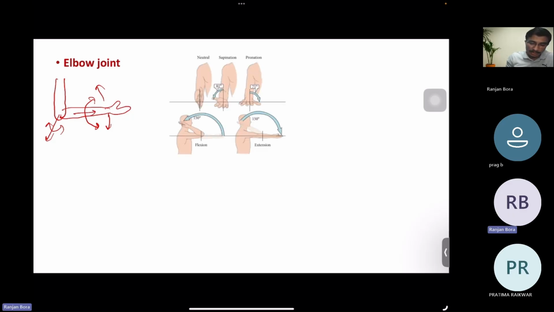So you can see here, this is flexion extension, rotating about this axis, and pronation supination means rotation about this axis. So how many rotations? We'll count that. These 2 is 1 and these 2 is 1. So how many degrees of freedom? It has 2 degrees of freedom.